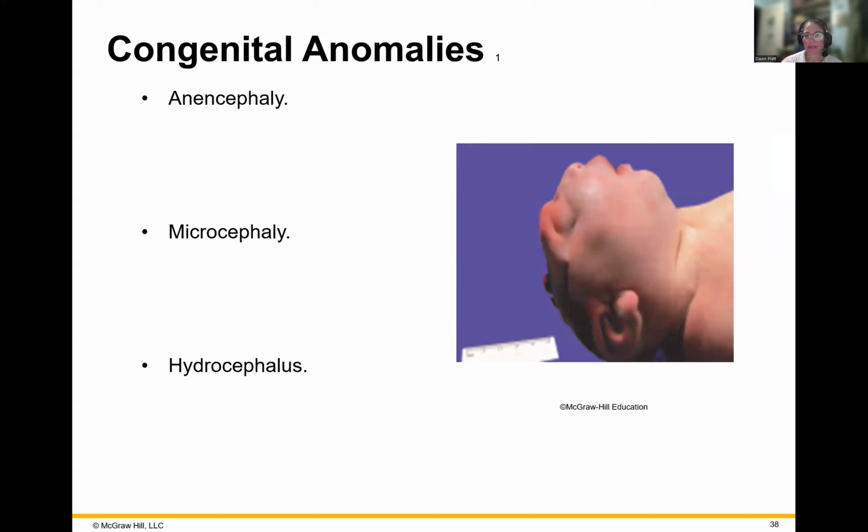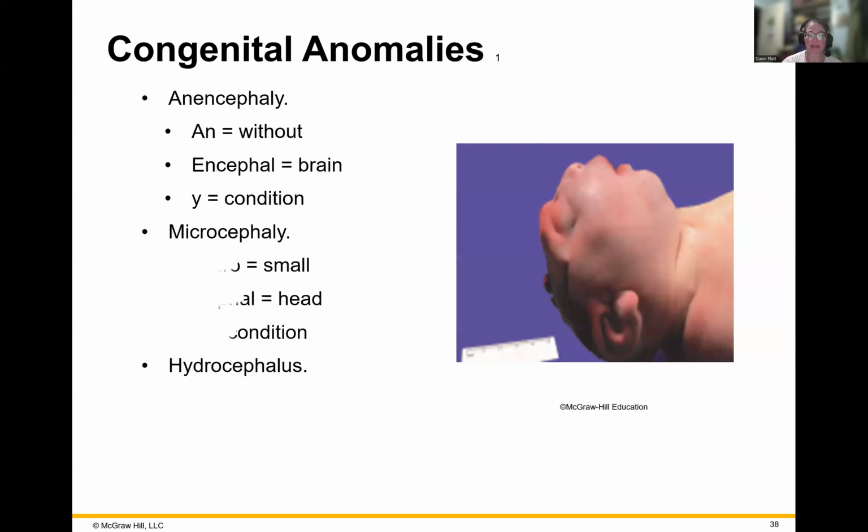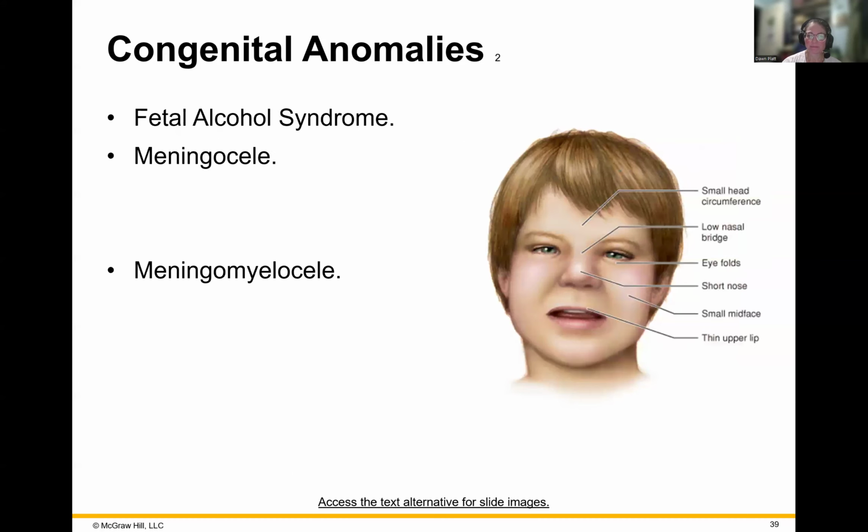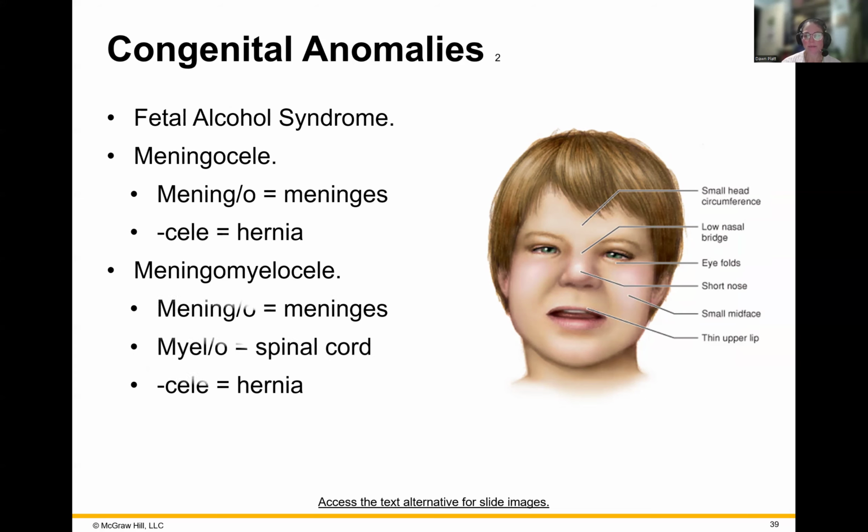Congenital anomalies: anencephaly, microcephaly, and hydrocephalus. And we go into other ones: fetal alcohol syndrome, meningocele, and meningomyelocele.